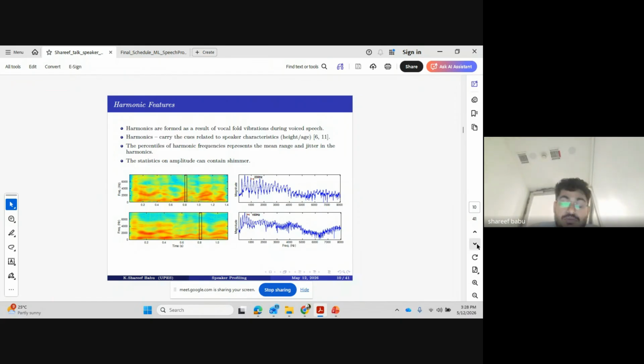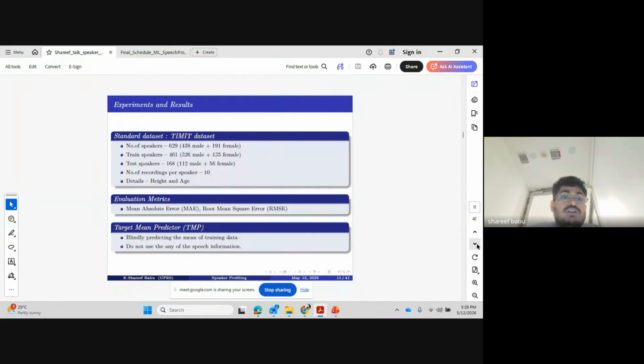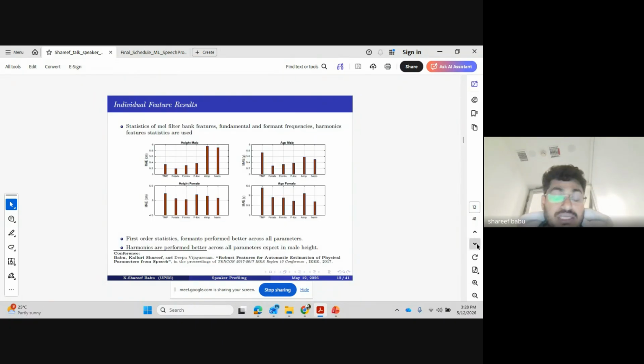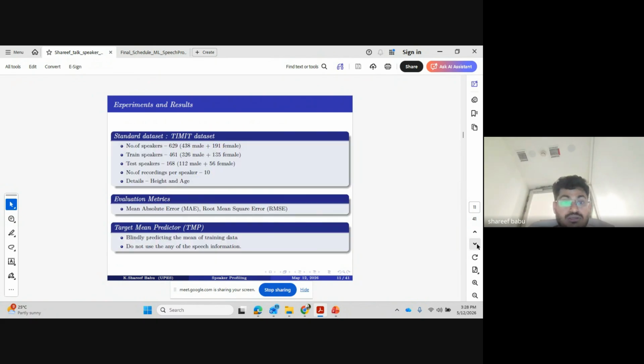Now, how do these features impact the overall performance? To understand this, we looked at the TIMIT data set, which has 630 speakers, with 460 speakers for training and around 170 speakers for testing.